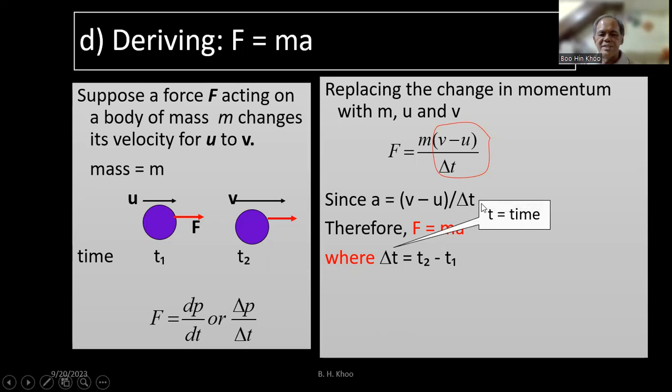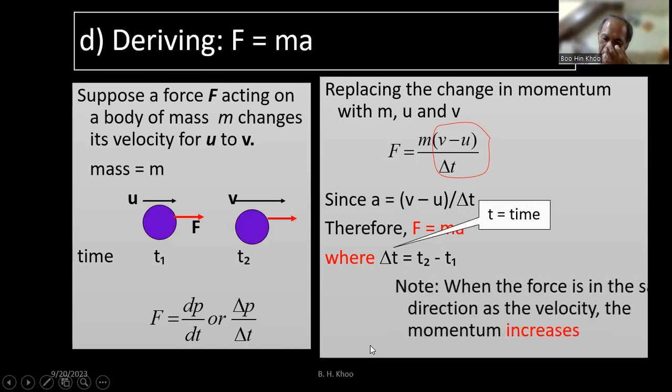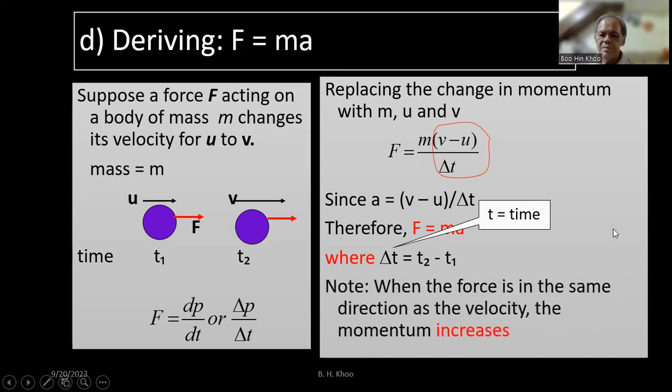Or sometimes we use just time, if you consider the start as 0, that as t. Now, when the force is in the same direction as the velocity, the momentum increases. Same force, same direction as the change in momentum, then the velocity increases.